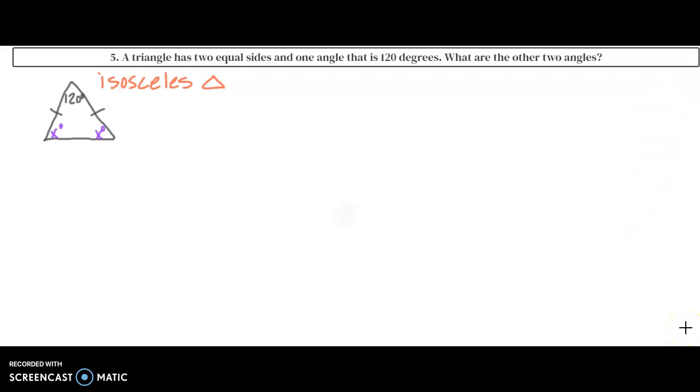That being said, the question asks, what are the other 2 angles? So in order to begin solving for it, all angles of a triangle, no matter what it is, as long as it's a triangle, they always add up to 180 degrees.